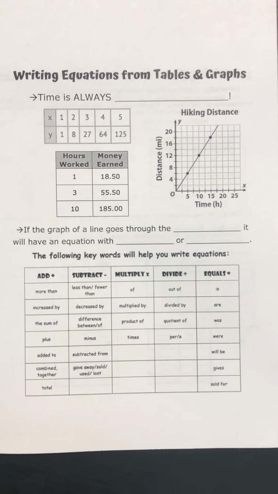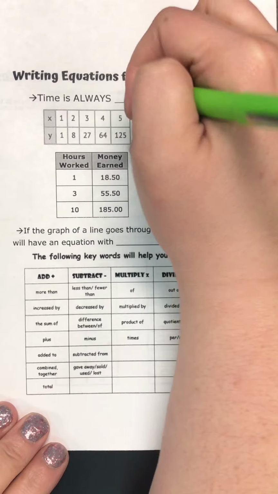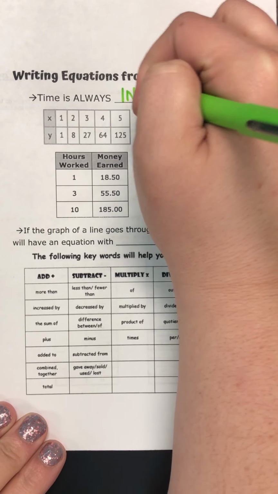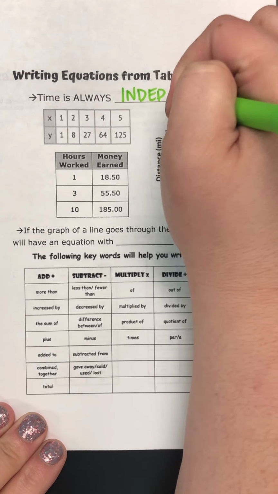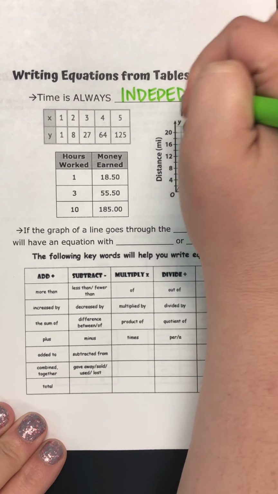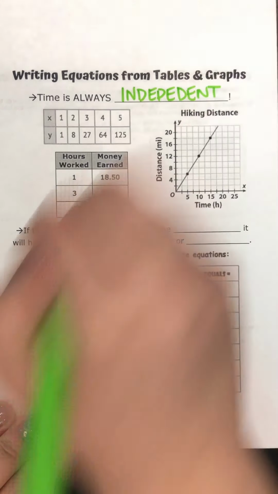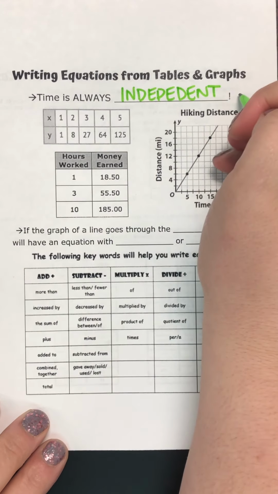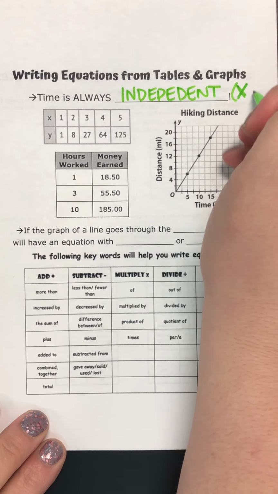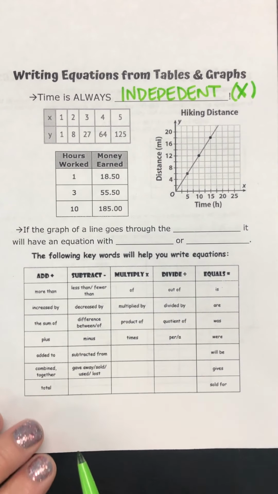There are some key things that you need to know, and one of them is that time is always independent, okay? Time depends on nothing. Time is going to keep on going no matter what. Time is independent, and remember, we learned that the independent is the x-axis.